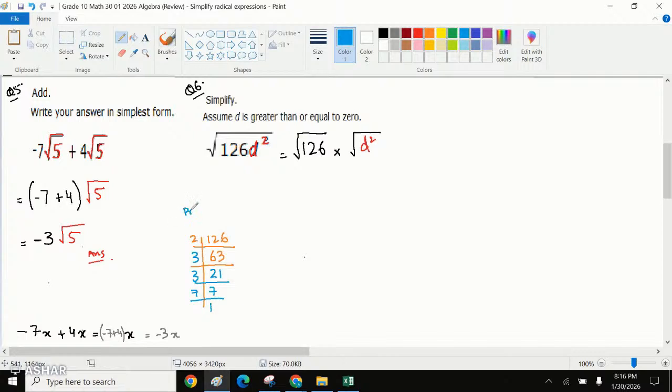This is prime factorization. Prime factorization means we break a larger number into the product of its prime factors. So 126 can be written as 2 multiplied by 3 multiplied by 3 multiplied by 7. Okay.